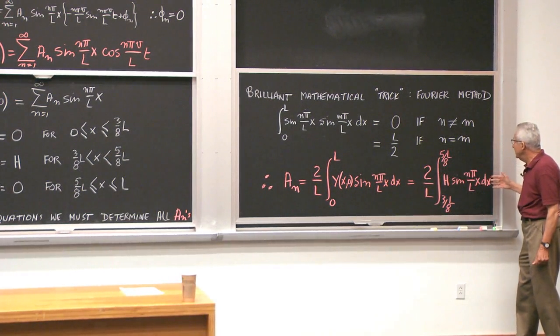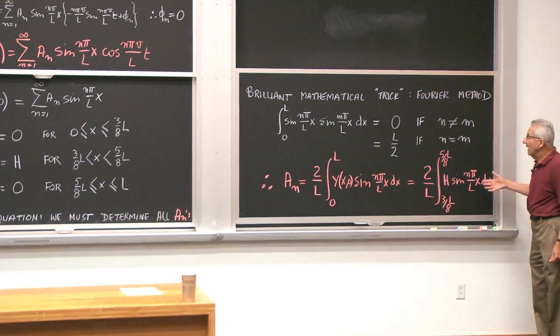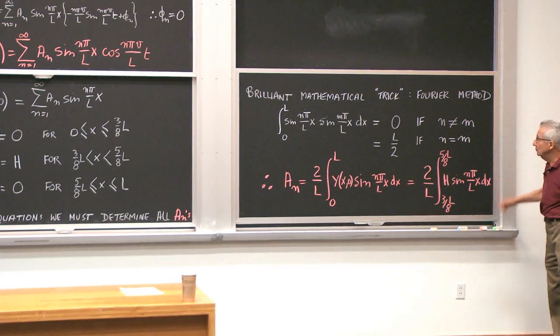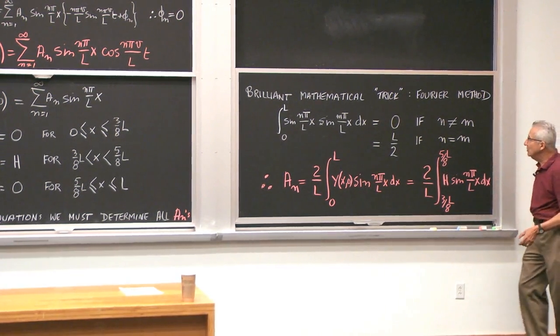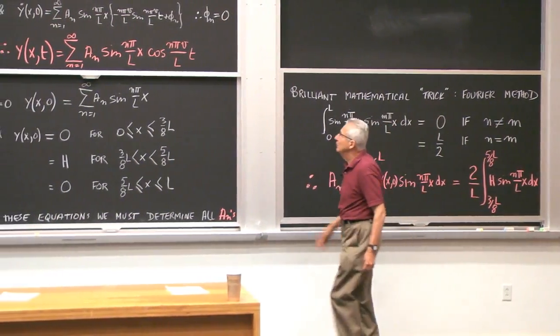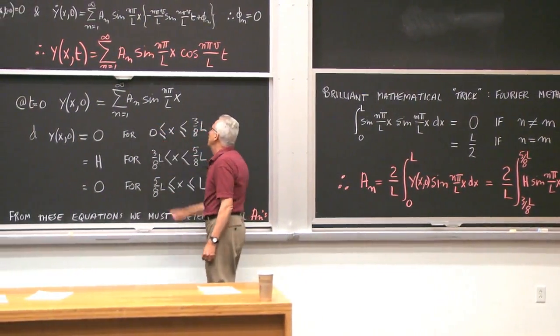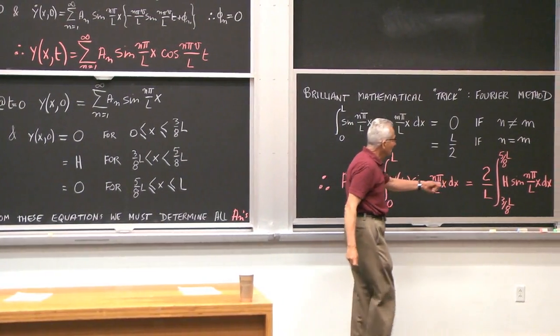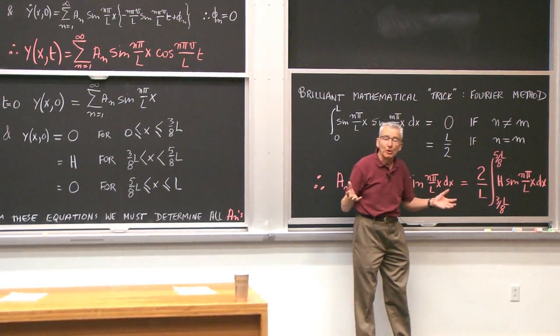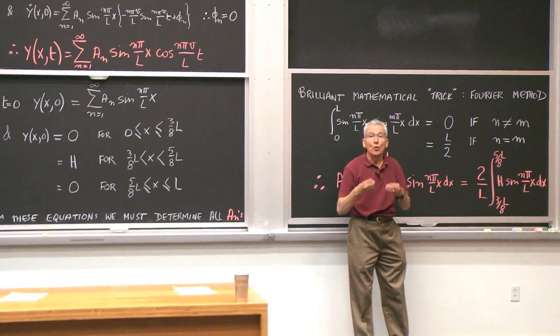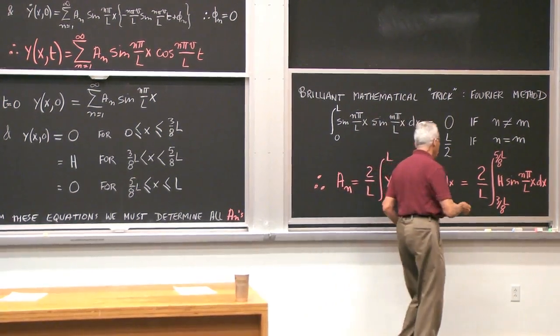So now I have reduced the situation so that every n that we are interested in, we can calculate by doing this integral. So in principle, we've solved it for all values of n.